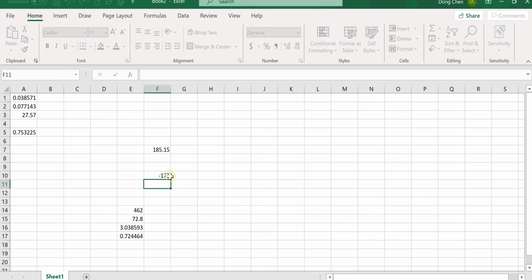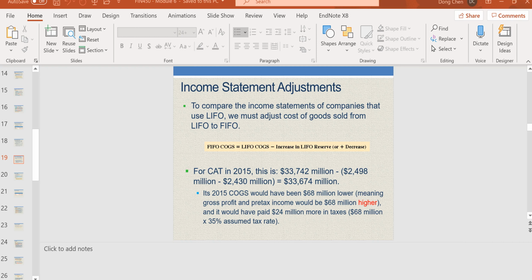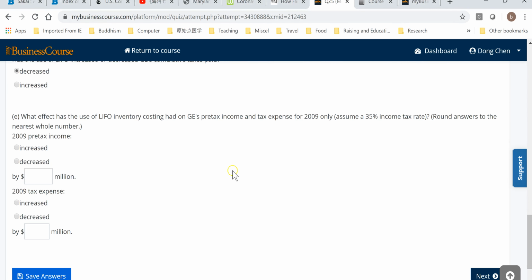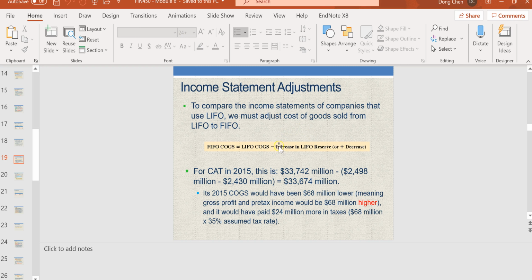And then that's basically the increase in LIFO reserve, and that's the difference between the amount of cost of goods sold under FIFO, and that's actually the difference between cost of goods sold under LIFO versus under FIFO, because when you move this to the left-hand side and move the FIFO cost of goods sold to the other side, this becomes positive.